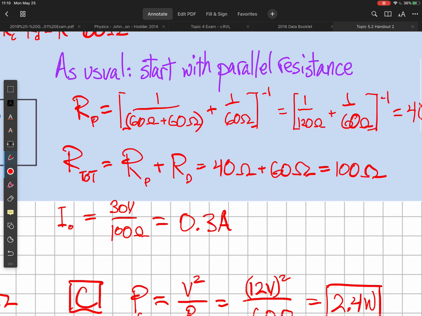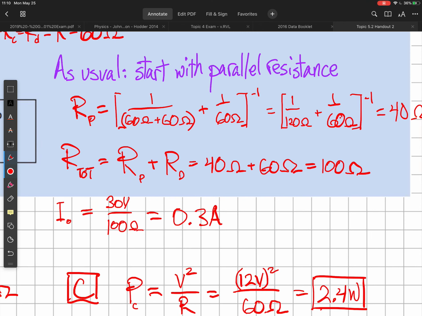Okay, so this is usually the sequence of moves that you will take when you start analyzing a circuit. Start with parallel resistance, add that parallel resistance to any components that are in series with the parallel resistors, and you'll get your total resistance for the circuit.